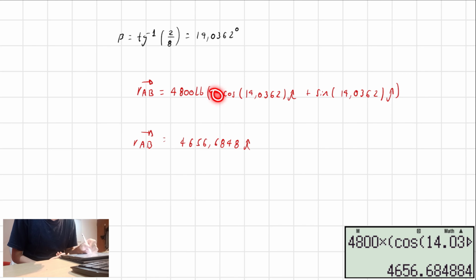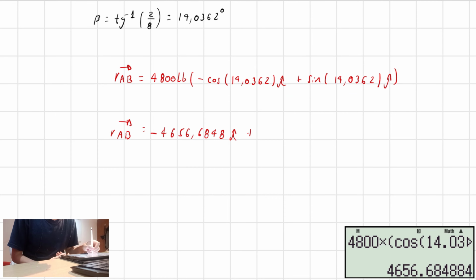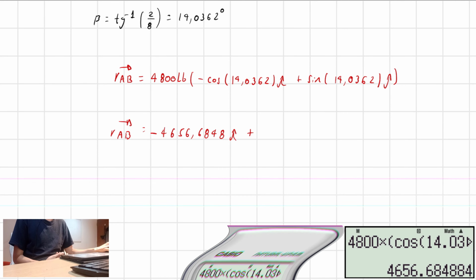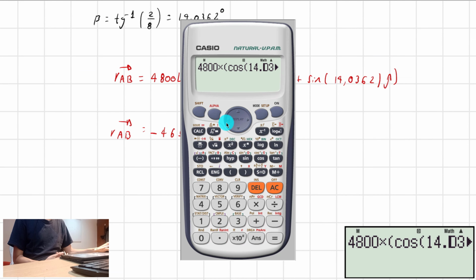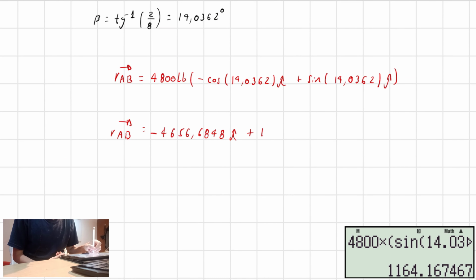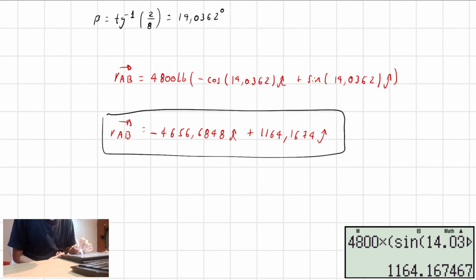But we have to take into account this minus, so minus. Plus the same equation, but with the sine, 1164.1674 in the j direction. And right here, guys, we have our final answer.